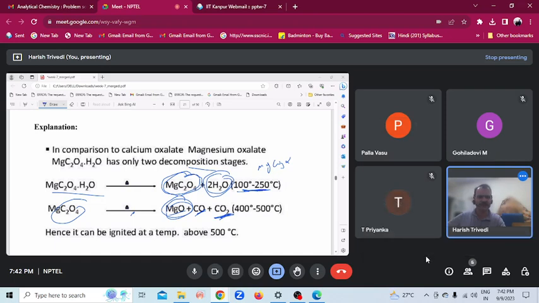Yes, somebody raised hand. You can unmute yourself or you can write in the chat box. Goila Devi, you have raised your hand, so please unmute and you can say.